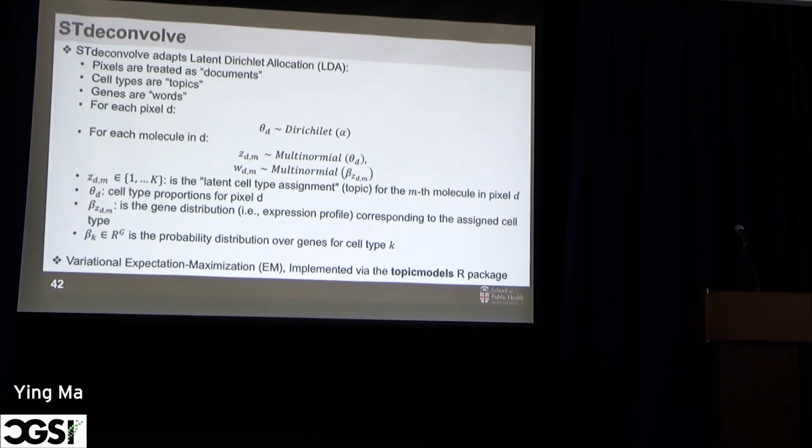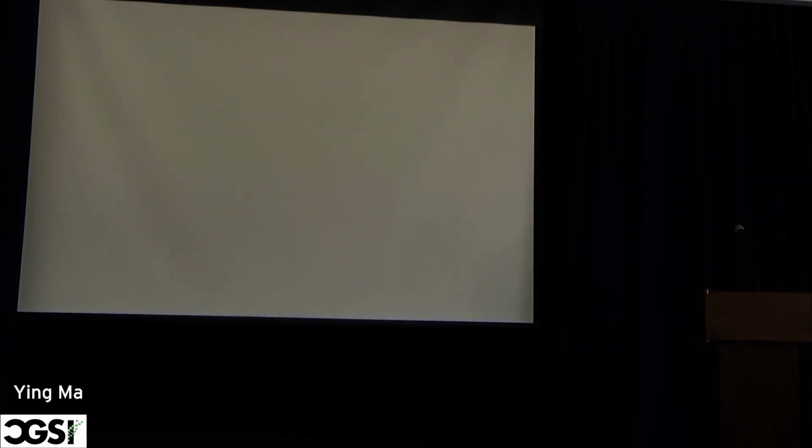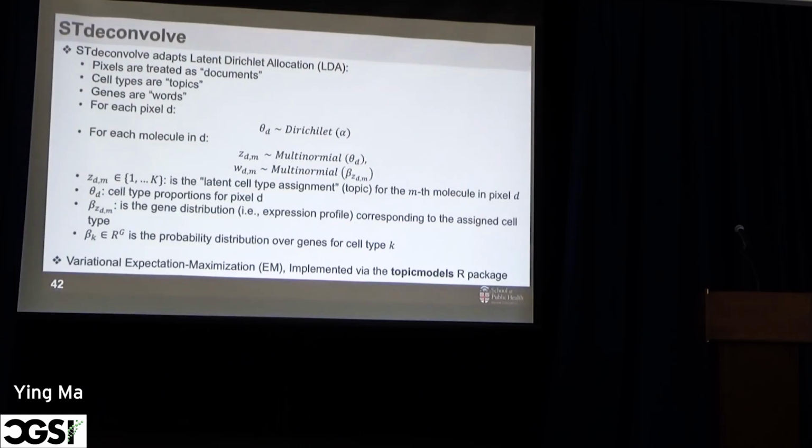And then for each molecule in pixel D, we are assuming that Z_DM represents the latent cell type assignment, or the topic, for the M-th molecule in the spatial location D. It follows a multinomial distribution with the proportion that you want to infer.